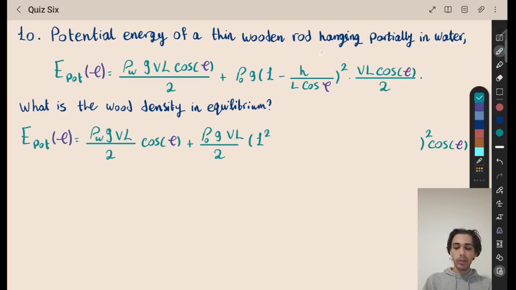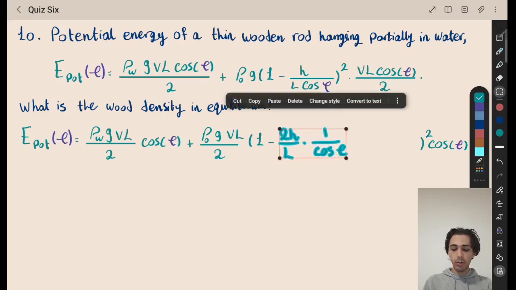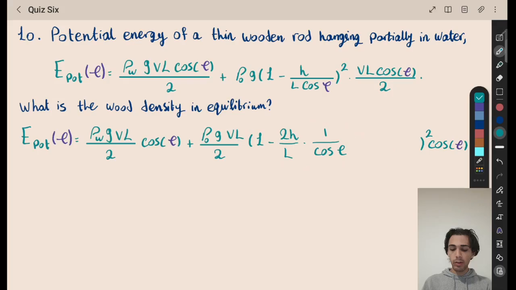So if I want to expand this, I would get 1 squared minus 2 times h over L times 1 over cosine of phi. And then I would square the second term, so I would get h squared over L squared times cosine of phi.